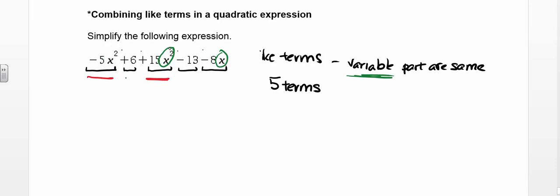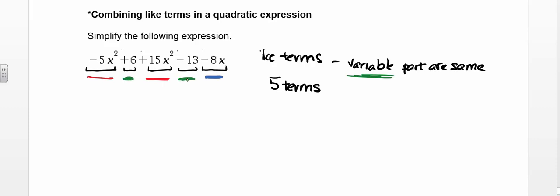Okay, so now we've identified which ones are like terms. Then we have 1x, it's not an x squared, so I don't see anything else that looks like that. So that's a term by itself. And then we have 2 constant terms. So let's see, we have a 6 and a minus 13.